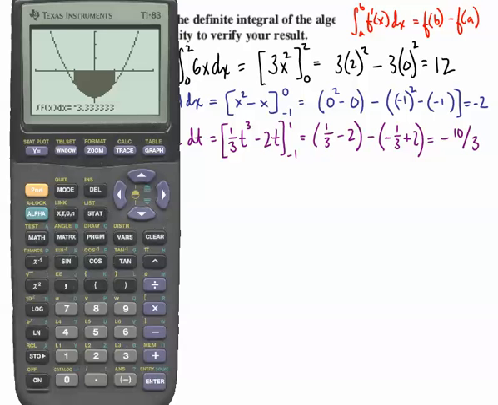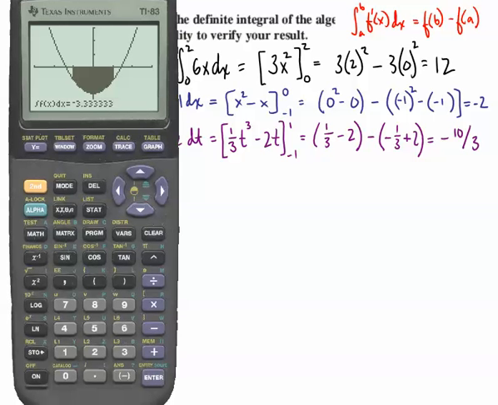So that'll do it for that example. Now what's unique about this example is that all of the area is below the x-axis. So we find the area between the curve and the x-axis between x equals negative 1 and x equals positive 1, and the entire thing is going to be negative. So we've seen examples of where area is above the x-axis, and where area is below the x-axis.